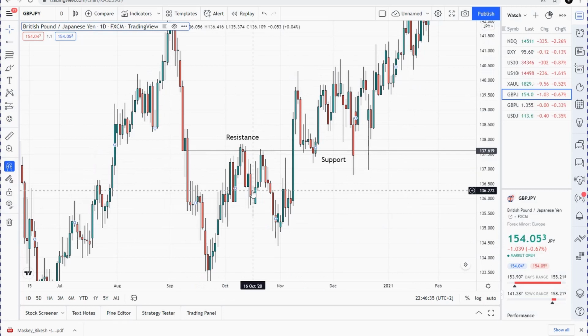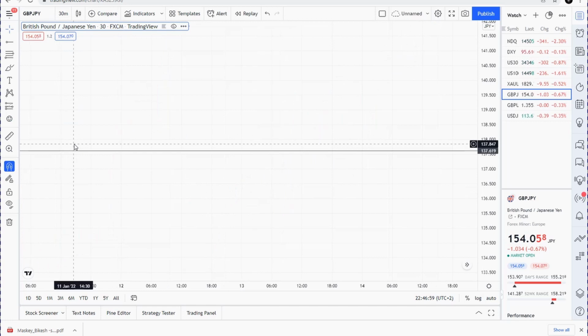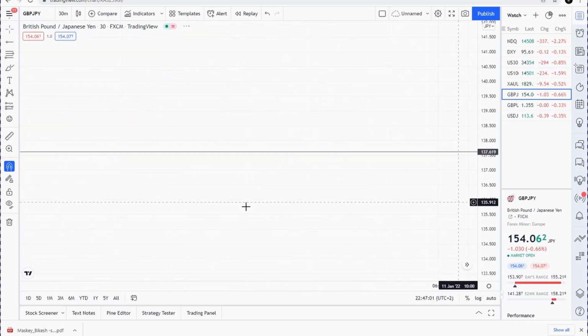Another thing that's important: the support and resistance levels, the key levels that you're going to find in a bigger time frame, from the 4 hour to the daily time frame, those are the most important levels. Those are the levels that price would normally respect. But if you find support and resistance on a 15 minute or 30 minute chart, it's highly likely that price will not respect those levels.